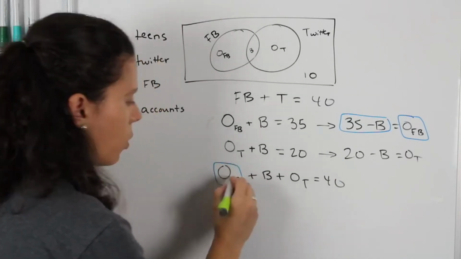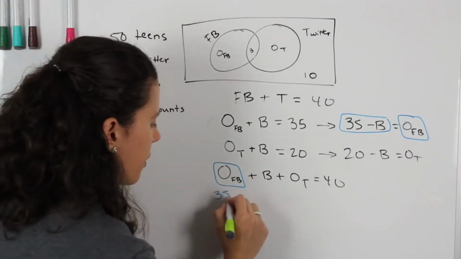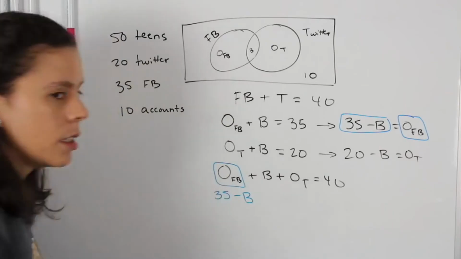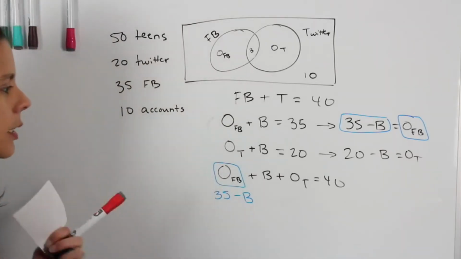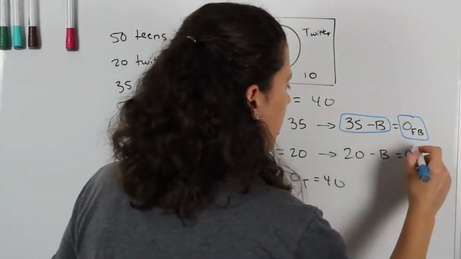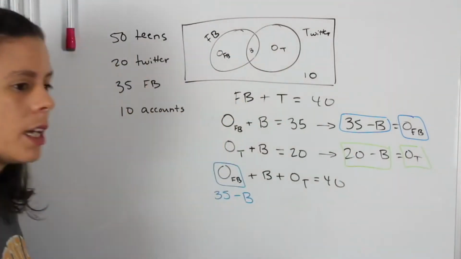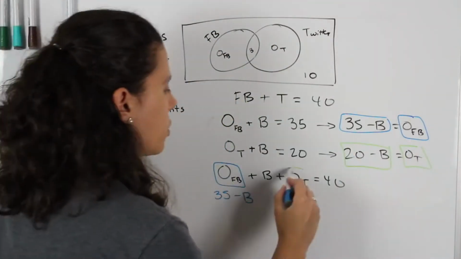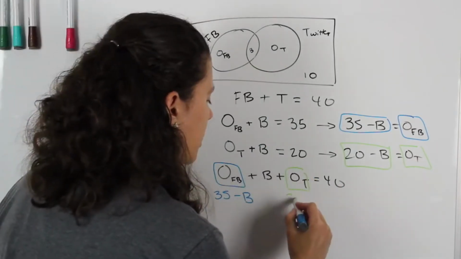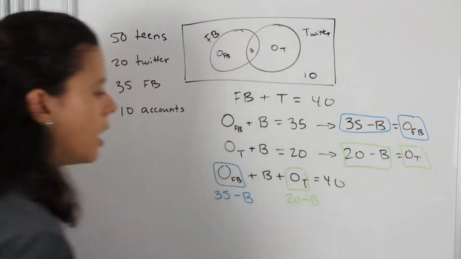I can rewrite only Facebook as 35 minus B, all right? And only Twitter is 20 minus B. So I can rewrite only Twitter as 20 minus B. Why do I want to do that?